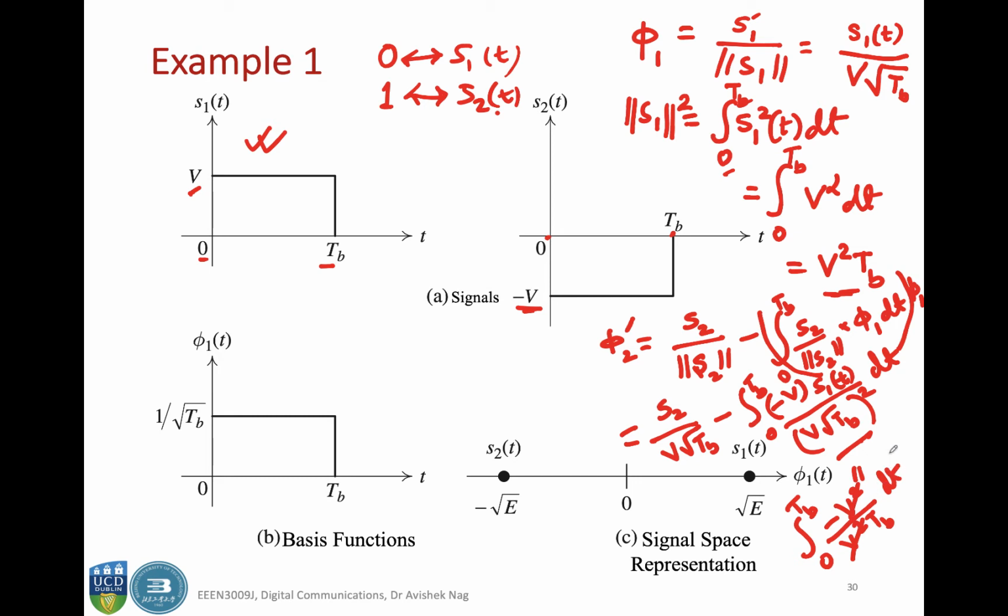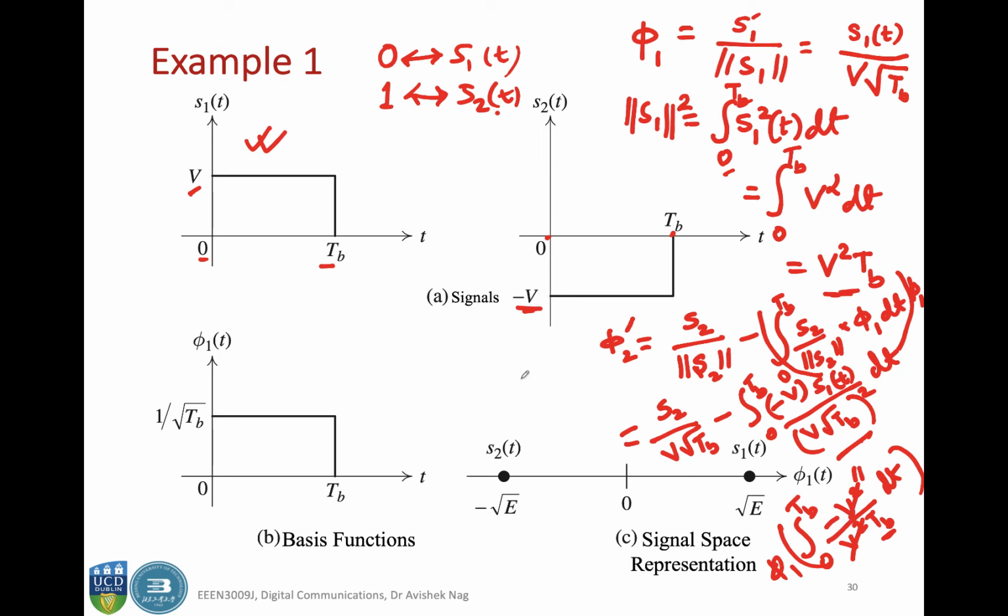The whole thing is also multiplied by phi 1 here. So the integral will be minus 1, because you have a tb in the denominator and a tb in the numerator if you work out this integral. So this will be minus 1.